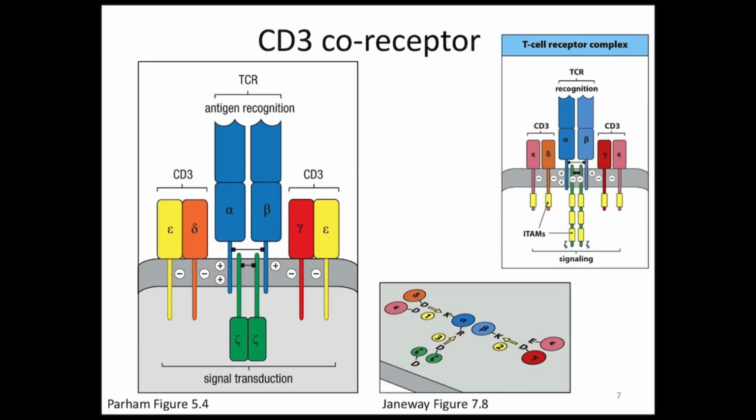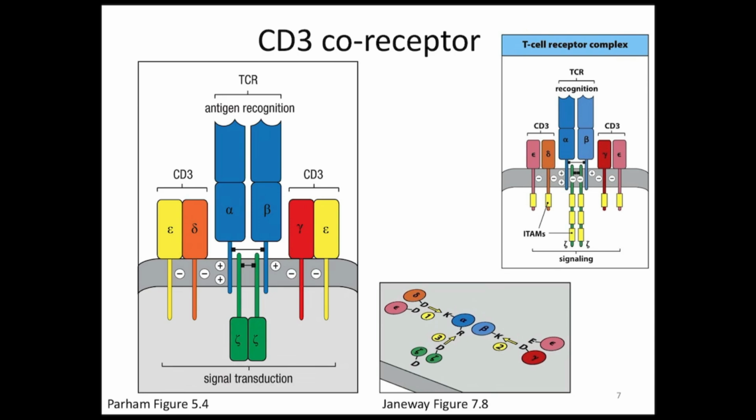And the key thing that CD3 does for the T cell receptor is that CD3 is providing a nice cytoplasmic tail. And it's providing some tyrosines that can get phosphorylated.